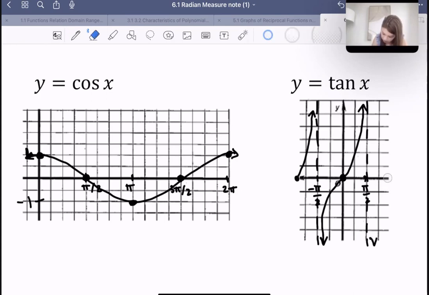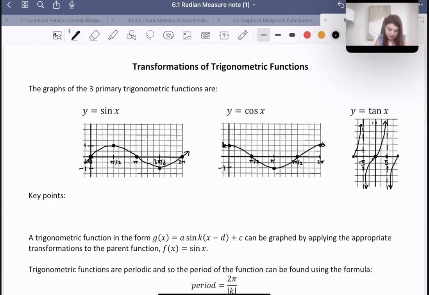And so on. So that's what our tan graph looks like. It looks quite different from our sine and cosine graphs. But sine and cosine are a lot more related, or at least in a lot more noticeable ways, than tangent is with either one of them. Okay, so there we go.